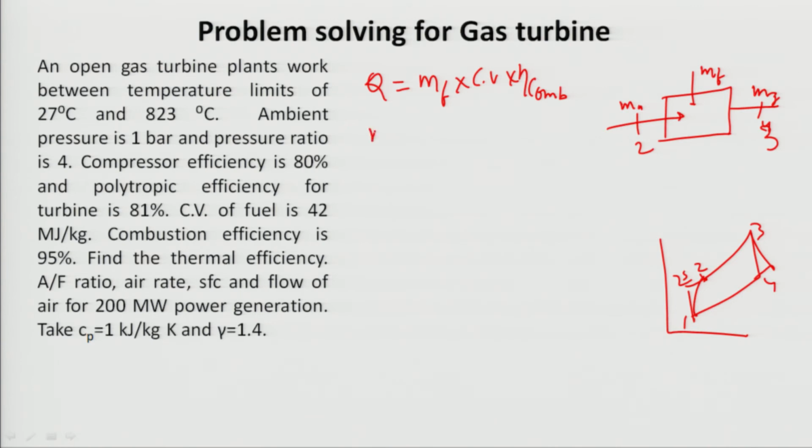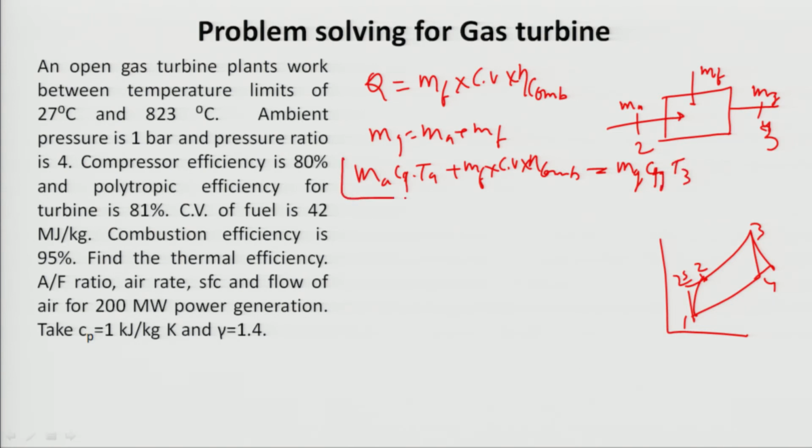We can put mass of gases equal to mass of air plus mass of fuel, and by making the energy balance we can say Ma Cp Ta plus Mf into heat release, calorific value into the combustion efficiency, is going to be equal to mg Cpg T3. With this energy balance we can find out the remaining values.